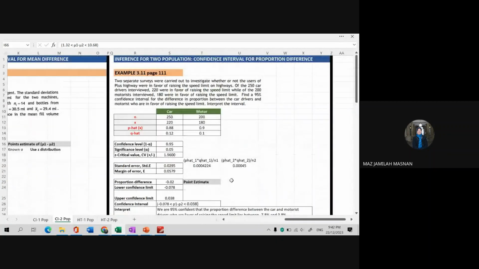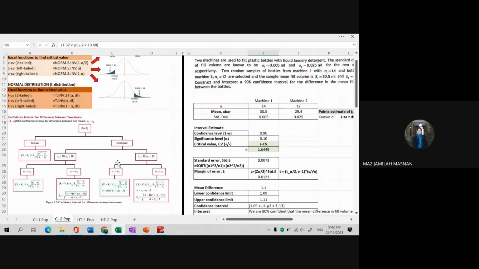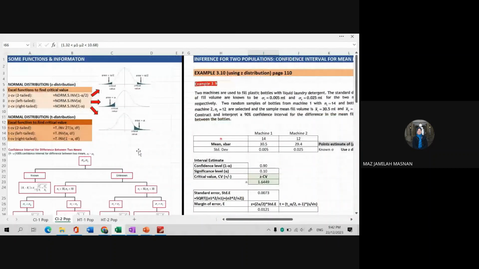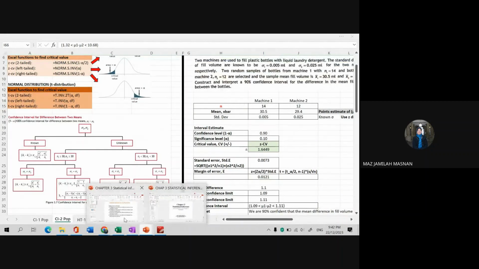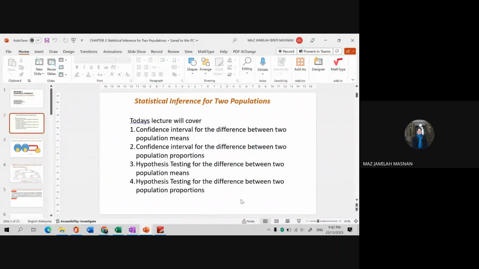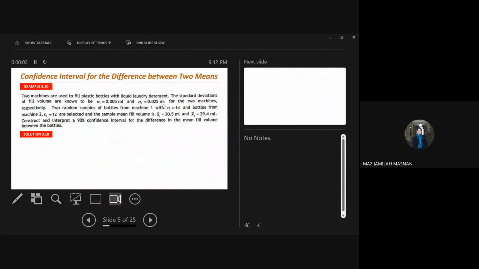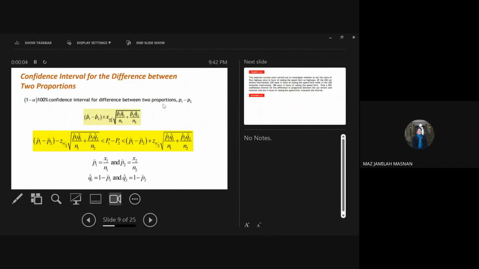confidence interval for proportion difference. For proportion difference, it will be straightforward. Unluckily, I did not put the proportion in the slide, but for the proportion, it will be just a multiplication, always using the Z distribution for the critical value.